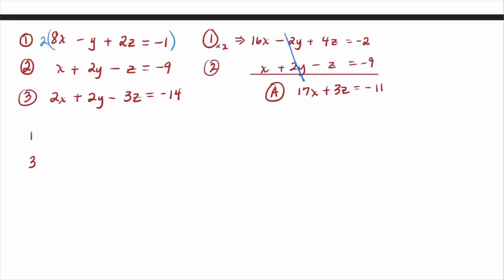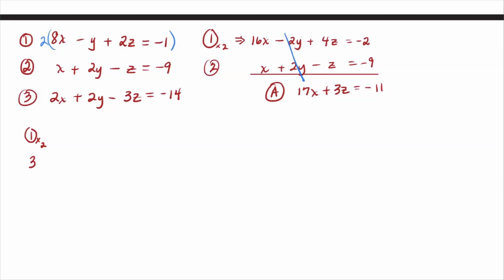Then I'm going to use two different equations to eliminate y again. This time I'm going to use equations 1 and 3. First time I used 1 and 2. Now I'm going to use 1 and 3. But I'm still going to multiply equation 1 times the 2 to give me a negative 2y to cancel with the positive 2y that's in equation 3.